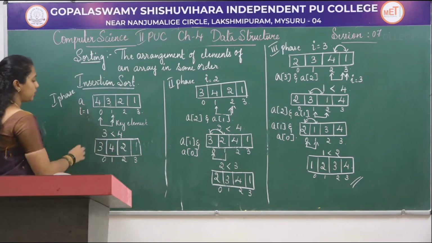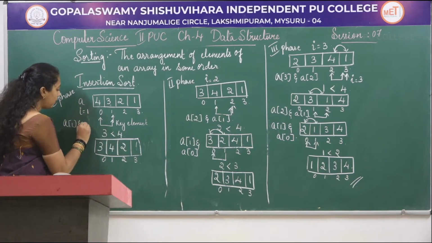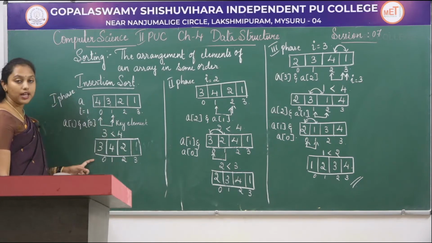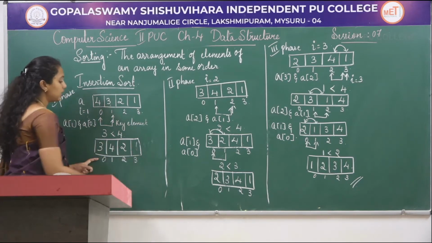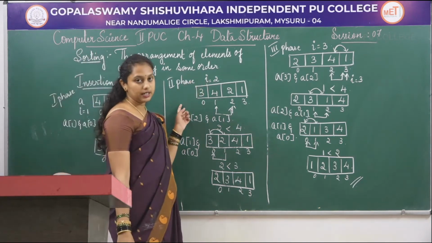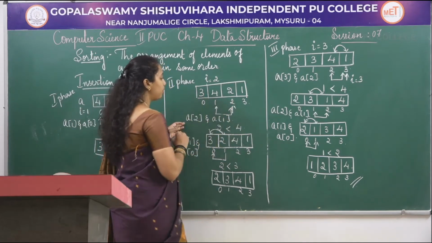In the first iteration, we compared A of 1 and A of 0. As 3 is less than 4, we swapped the array elements. In the second iteration, I gets incremented, so we compared A of 2 and A of 1.